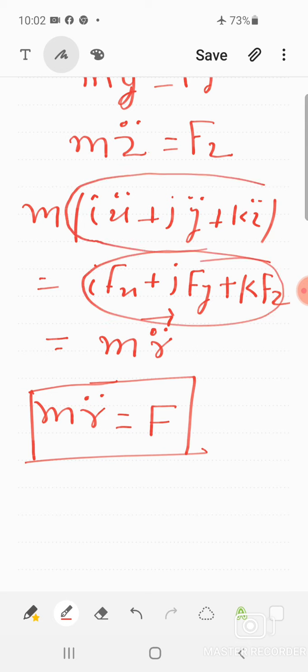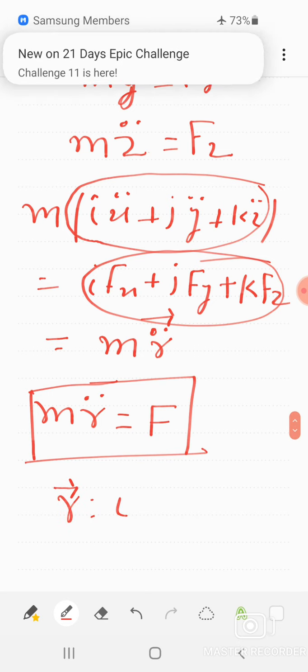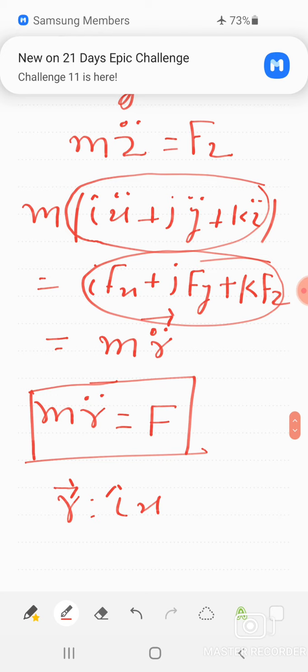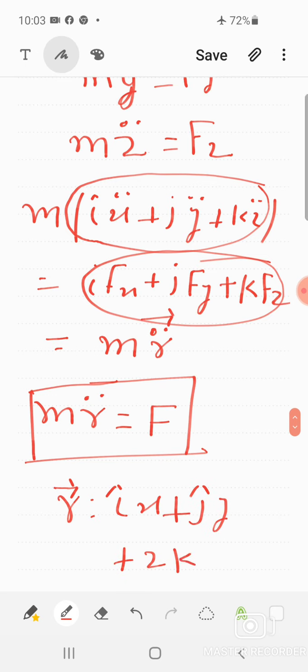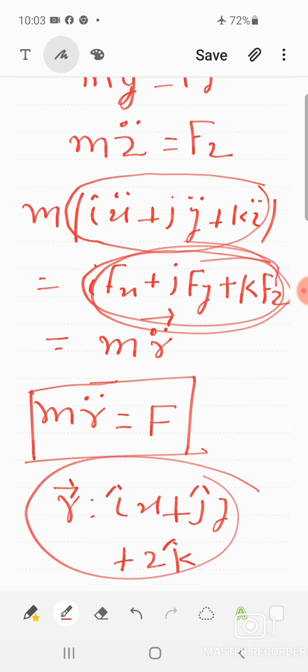The position vector is given by r equal to i x plus j y plus k z, and F is the total external force acting on the particle.